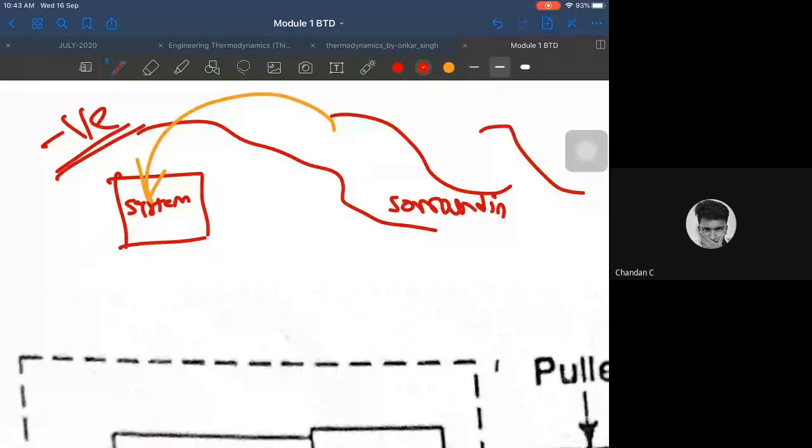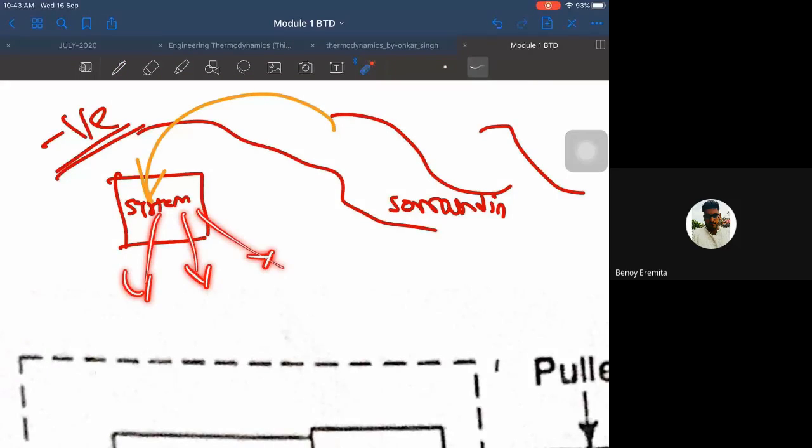Hope these concepts are clear. Benoy. Yes, sir. If work is done by the system, I mean to say work is extracted from the system, then it is positive or negative? If it is extracted, then it is negative.